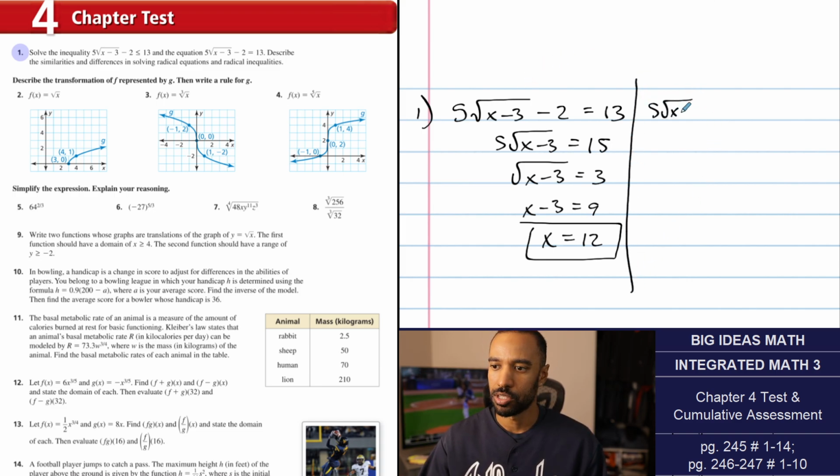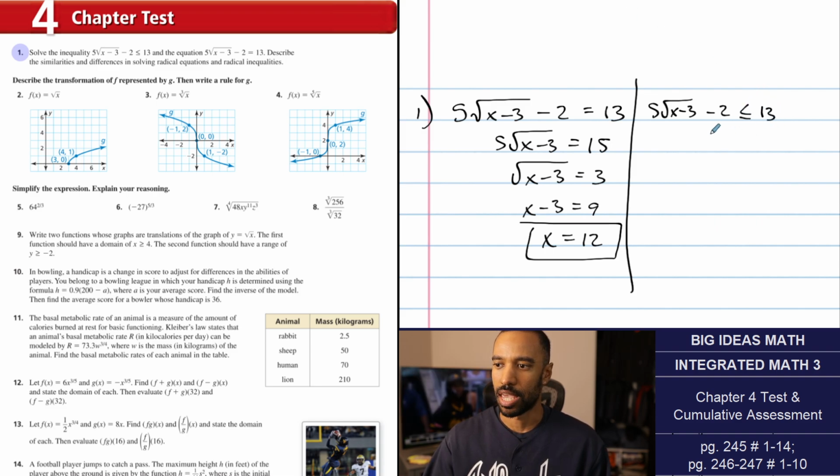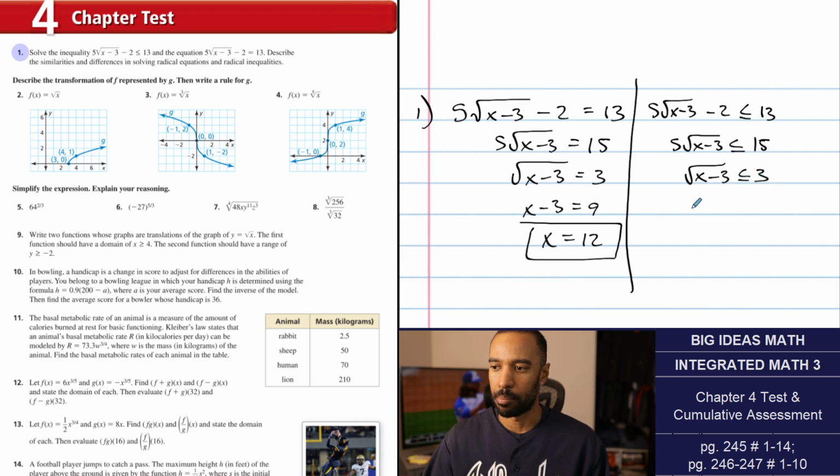We get the same setup, but this is less than or equal to 13. Now, same rules apply. We need to get this thing balanced. We add 2 to both sides, divide both sides by 5, and square both sides. We get x minus 3 is less than or equal to 9. Add 3 over: x is less than or equal to 12.